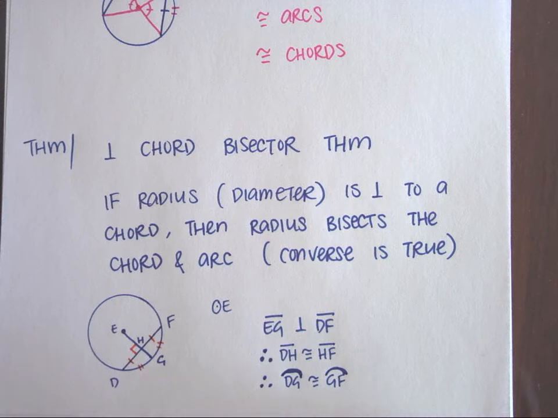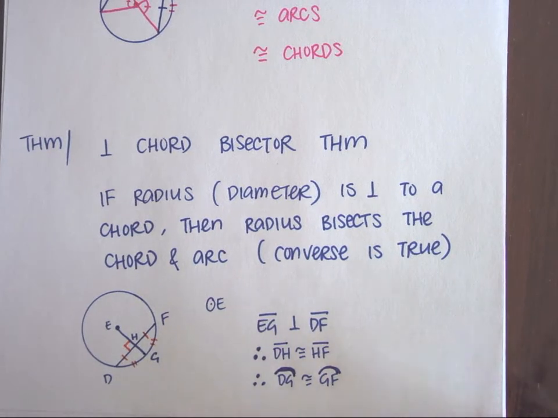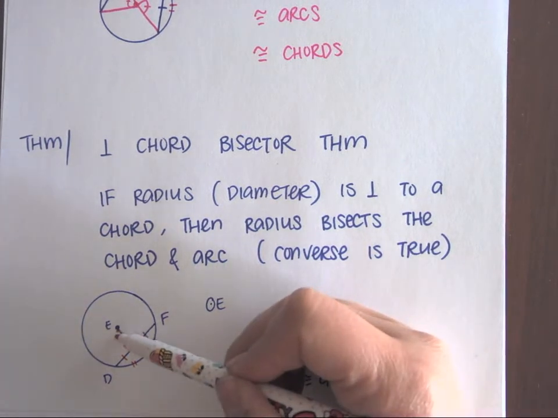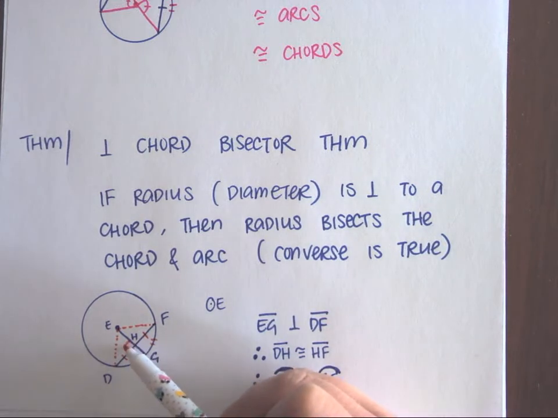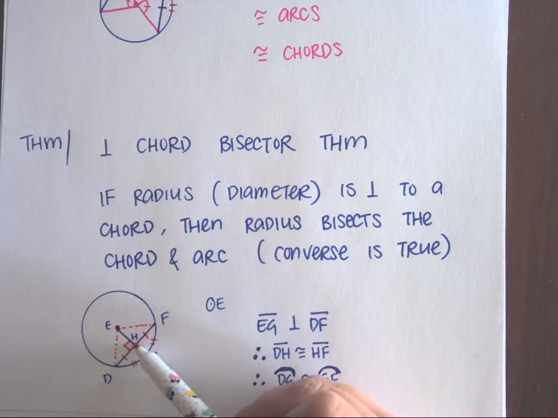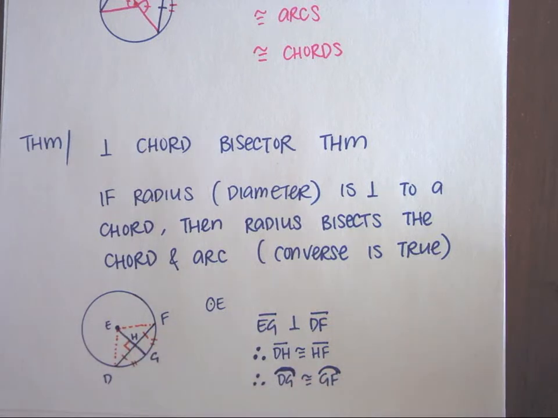Why is this true? Well, if I draw in this radius here and a radius here, I just created two right triangles. Given that this is a right angle, EH is congruent to itself by the reflexive property, and ED is congruent to EF because those are radii. All radii in a circle are congruent.